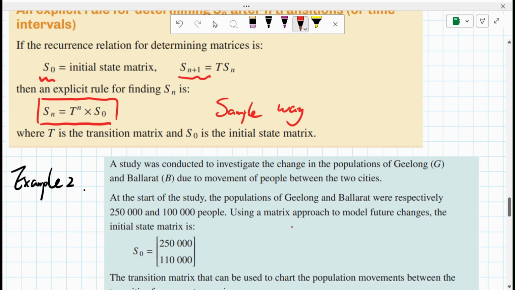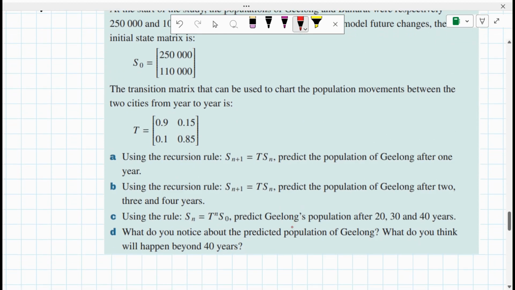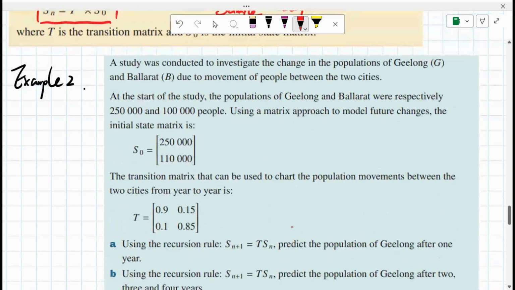Let's have a look at the question. First, let's try the question about the movement of people between two cities, Geelong and Ballarat. There are 250,000 and 100,000 people, so Geelong has 250,000 and Ballarat 100,000.